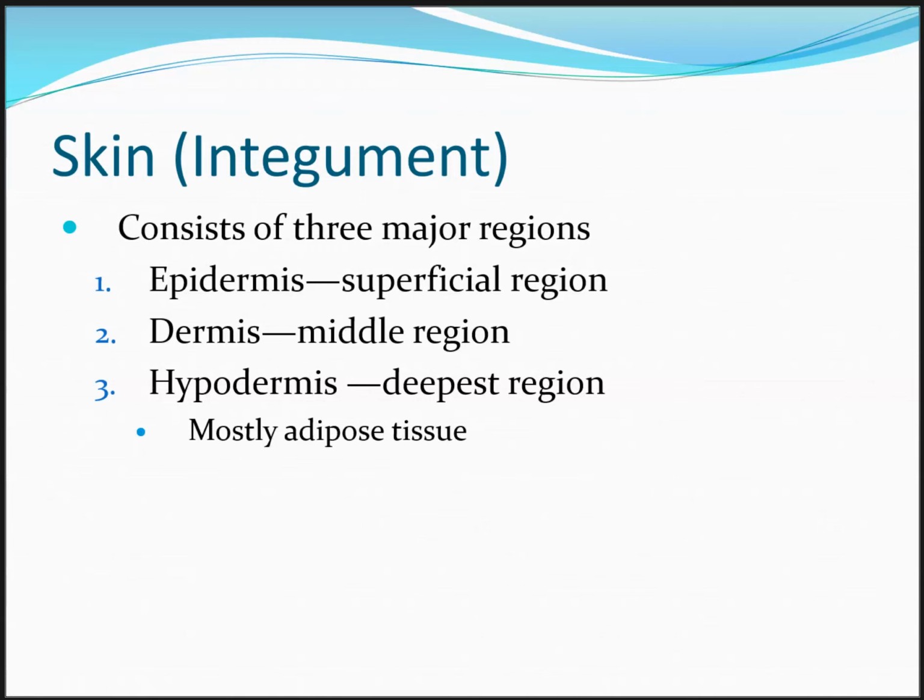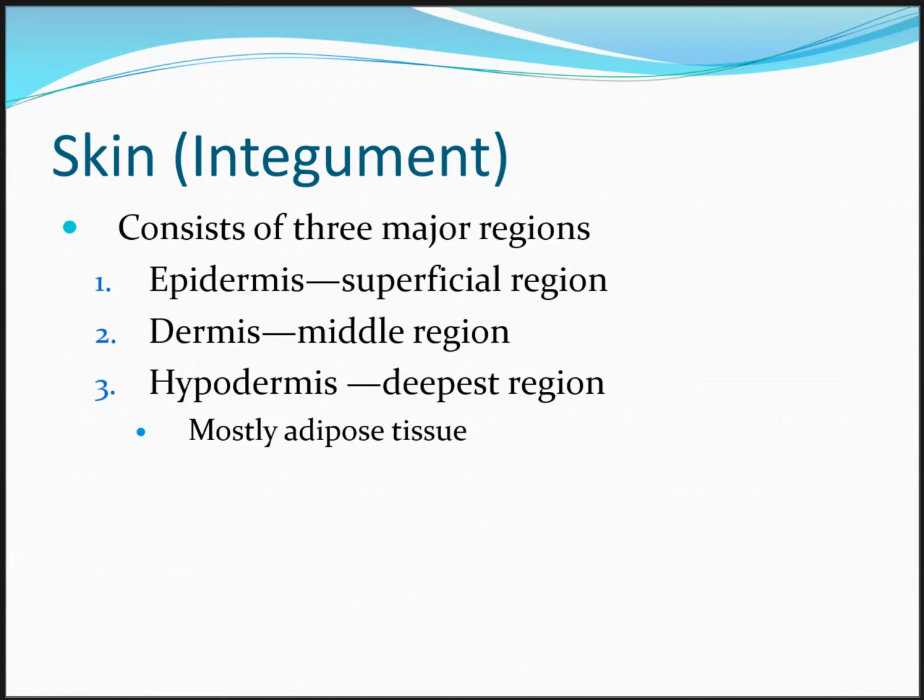The first region, the epidermis, consists of 4 to 5 layers of stratified, squamous epithelial cells, and they form the outermost layer. So the epidermis is basically just a layer of dead cells. The dermis, or the middle region, contains connective tissue and free nerve endings, which act as the sensory receptors.